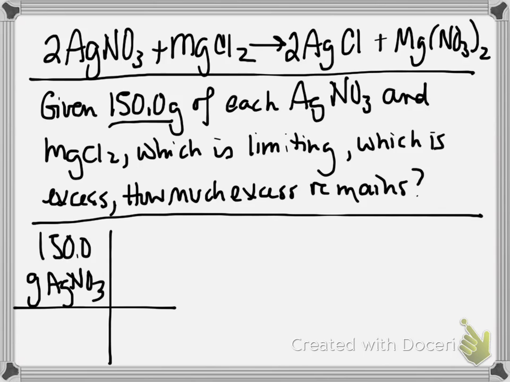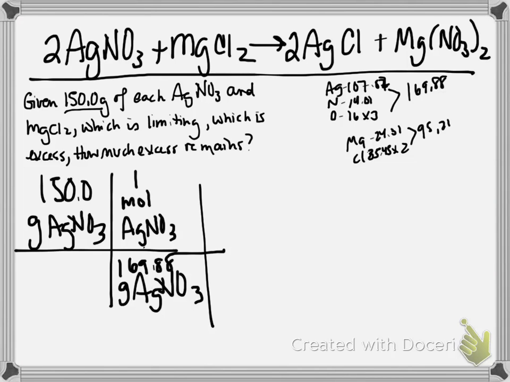Okay, so I've got 150 grams of silver nitrate, and I'm going mass to mass here. I want to know what mass of magnesium chloride this can react with fully. So I'm going to have to get into moles. Okay, so at this point we've gone from our given in grams, and we would now be in moles of silver nitrate. So now we're ready to do a mole ratio between the two reactants.